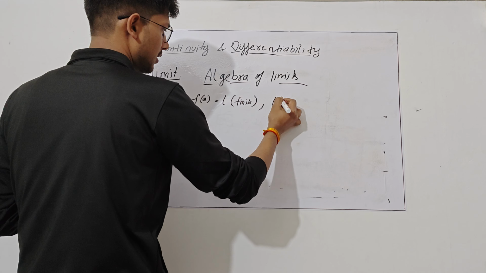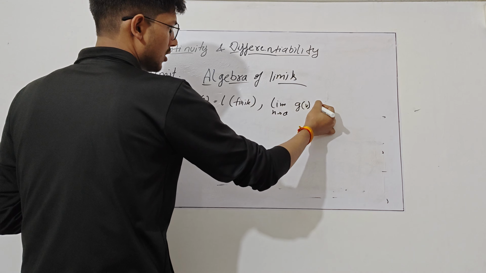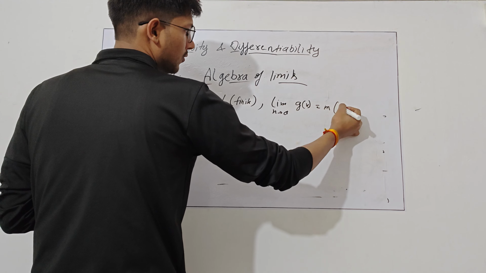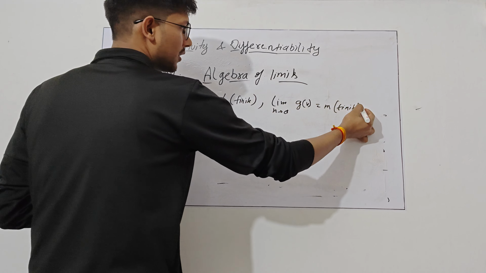And one more limit, x tending to a of g of x, which also gives some finite value, m. These both limits exist.